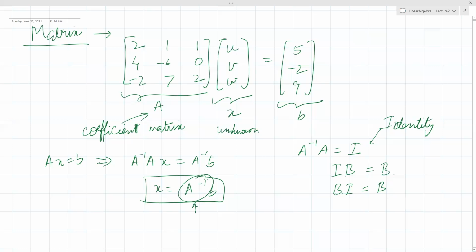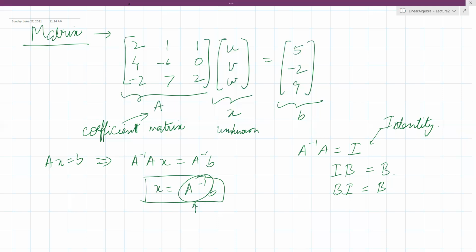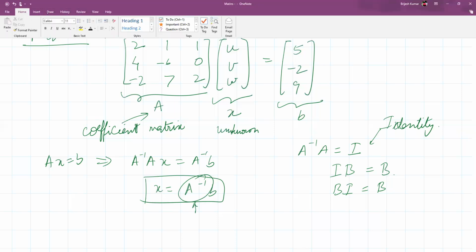Let me see if I can copy this. Is there a way to copy this? Yes, I can move it. Is there any copy here?